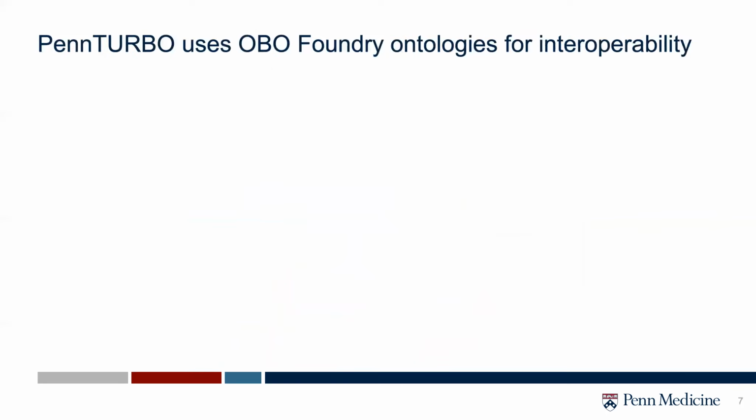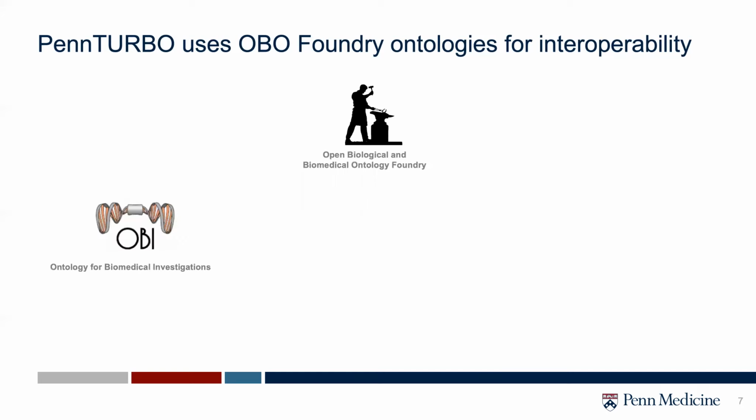So what are these OBO Foundry ontologies that we use for interoperability? Well, there are over 100 ontologies available to us to cover various biological and clinical domains. The ontology for biomedical investigations is an integrated ontology for the description of life science and clinical investigations. The Mondo disease ontology aims to harmonize disease definitions across the world.